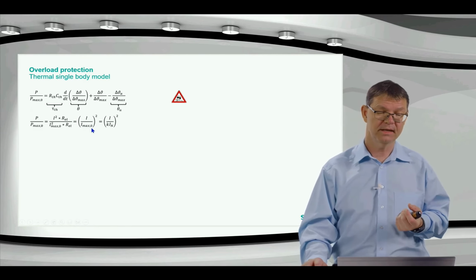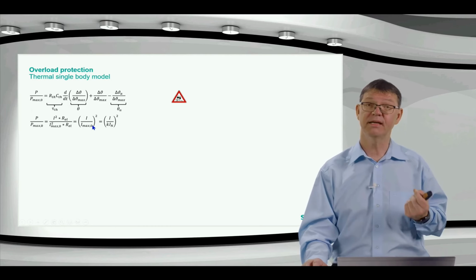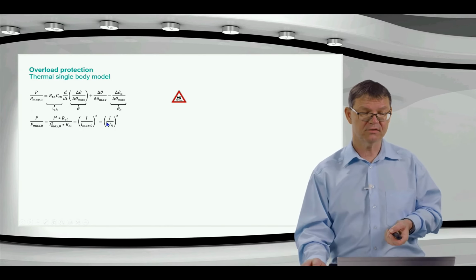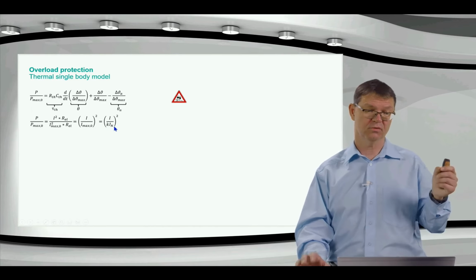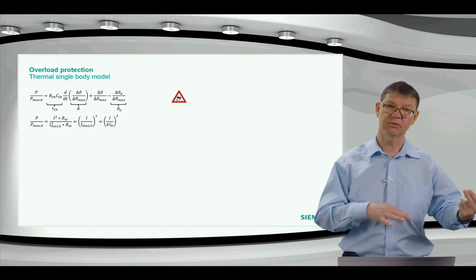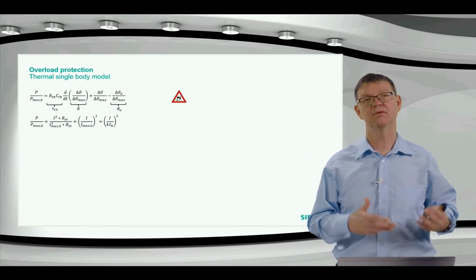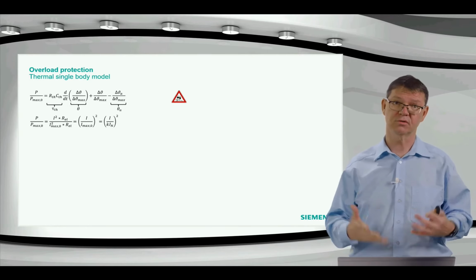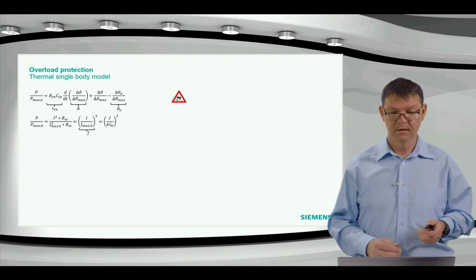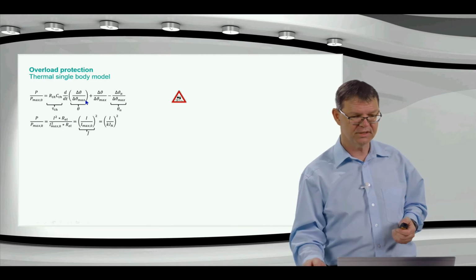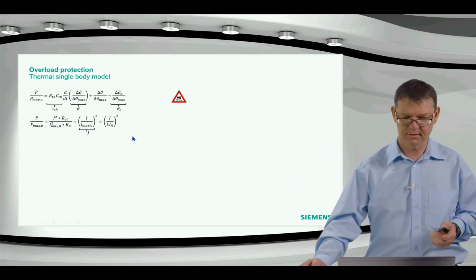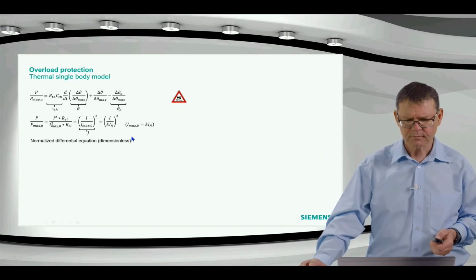And the maximum current I normally get from the motor manufacturer as a factor K times nominal current. So K times nominal current is the maximum current which I can put into the motor under the reference condition, so 40 degrees. And additionally, I introduce here a J as an abbreviation for that fraction, or quotient.